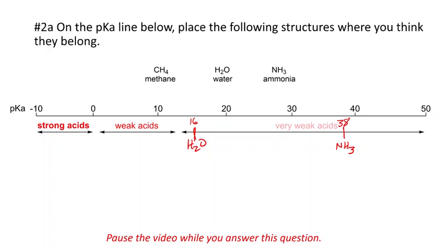We're talking about ammonia as an acid. We're talking about ammonia going to NH2 minus plus H plus. And methane marks the far right end of our graph. Nothing gets harder to take a proton off than methane, at 50.